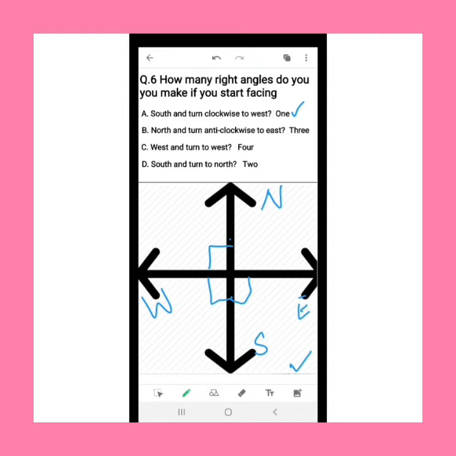So you can see here we are making 3 movements, that is 3 right angles we have moved. Next is west and turn to west clockwise or anti-clockwise.